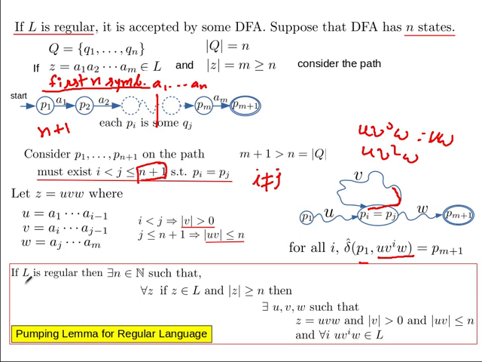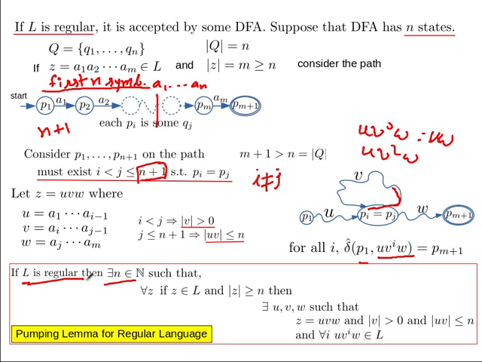So we assume that L is regular. If L is regular, then there exists some n. This n is actually the number of states in some DFA accepting that L, but in the statement of this lemma, that is not required. The only thing required is that there exists some n.